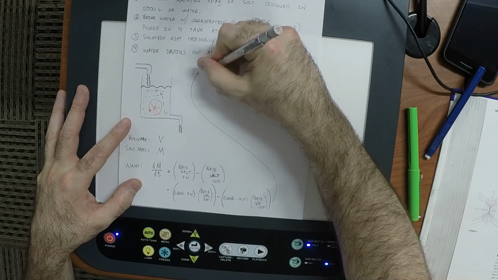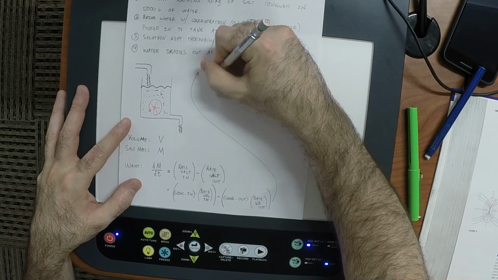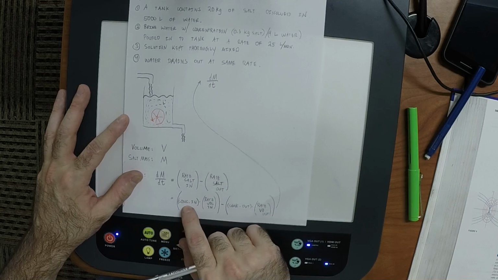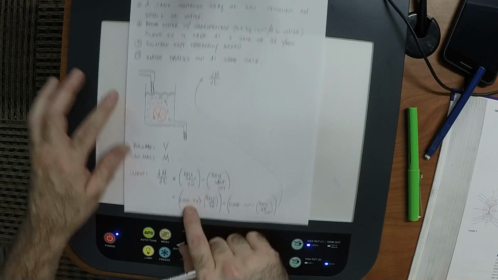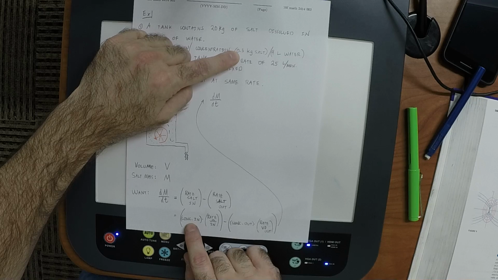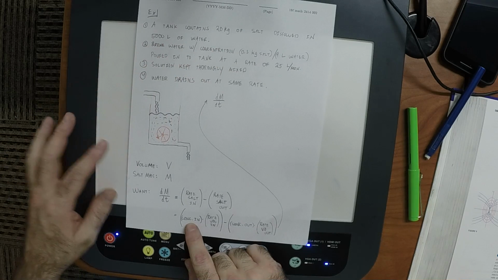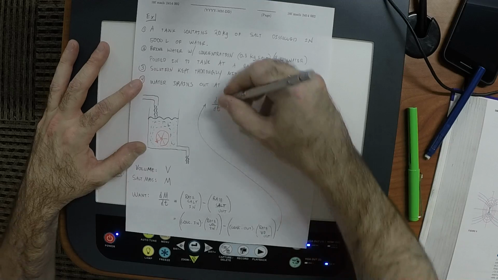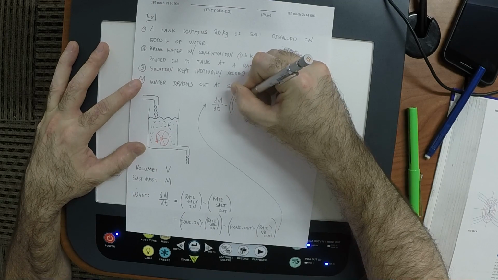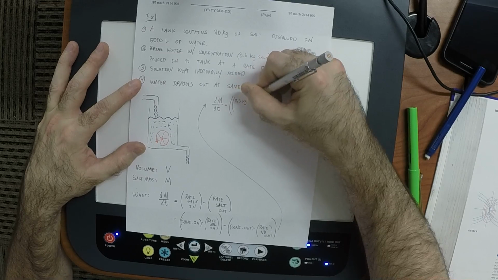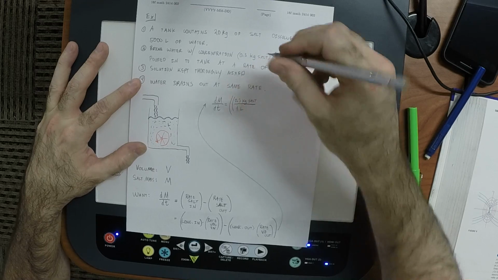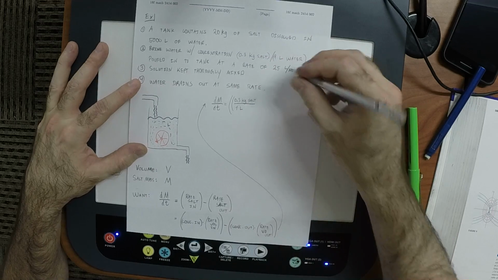Okay. So let's think about it. Do we know the concentration coming in? We do, right? That was part of what was stated. It says 0.3 kilograms of salt per 1 liter of water. So that's the concentration coming in. Well, not water, that's not really good.